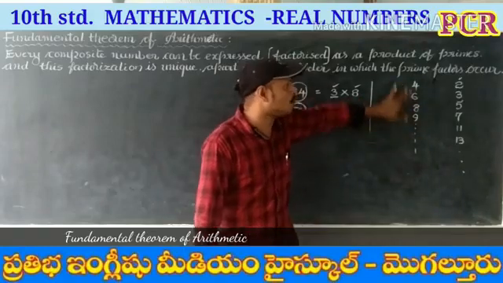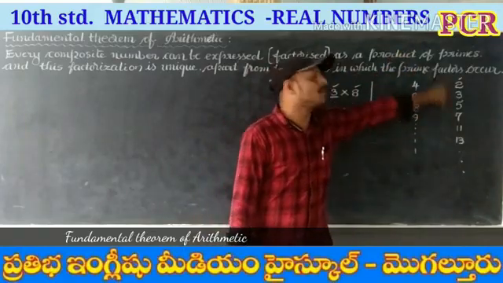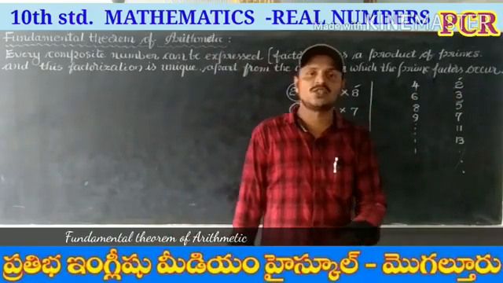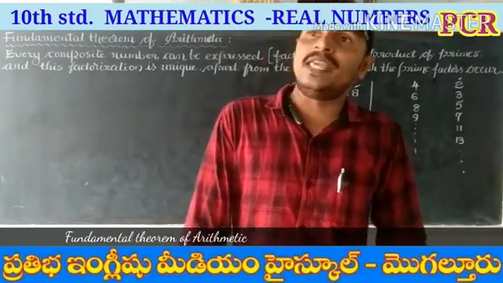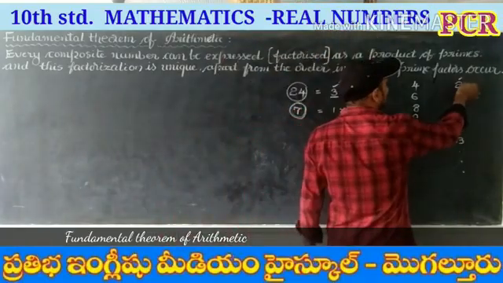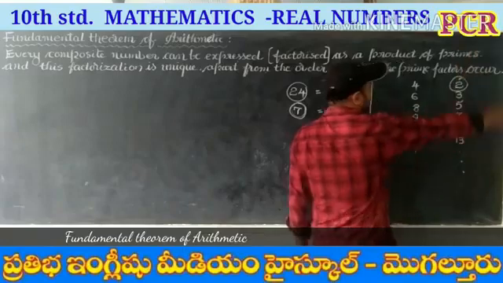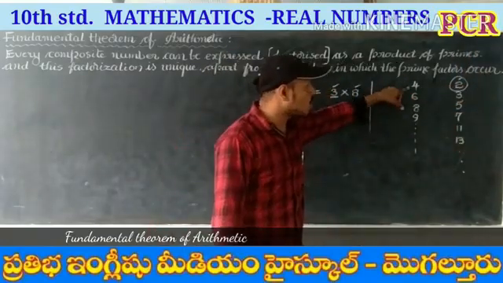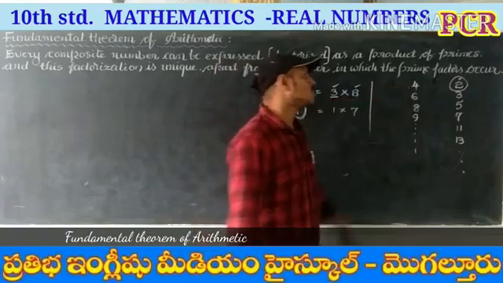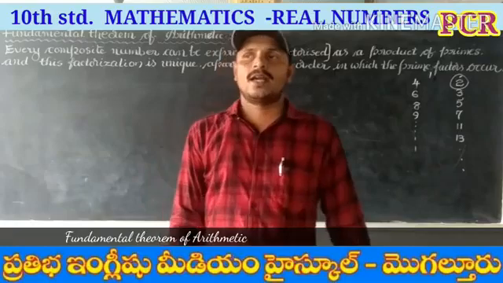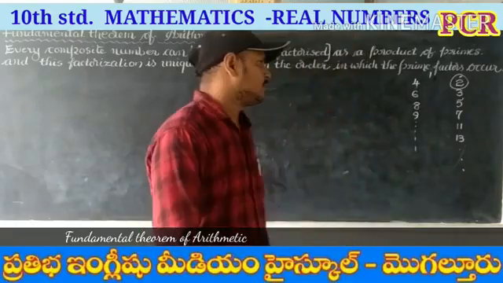The first prime number is 2, and 2 is called the even prime number, because it is the only even number that is prime. The first composite number is 4. And 1 is neither prime nor composite.